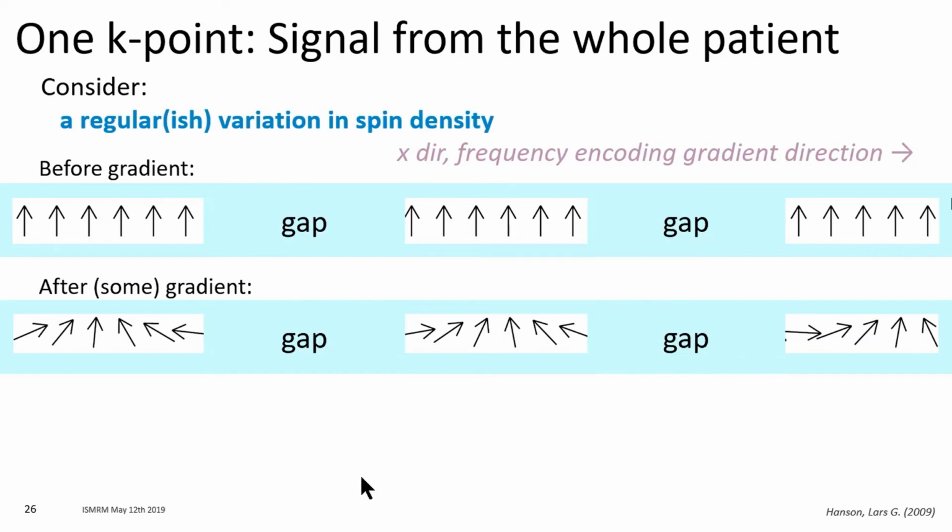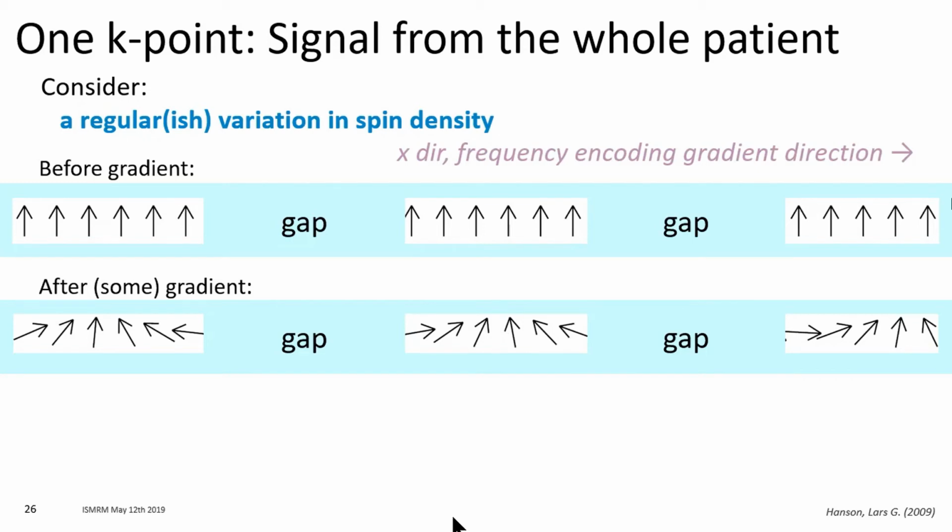So consider a regular or regular-ish variation in spin density. Here the blue is tissue and there are some gaps. A regular variation in spin density which kind of matches the particular spatial frequency that we're interested in at this moment in time, that we're essentially testing against the tissue.